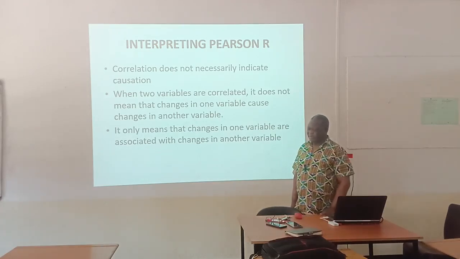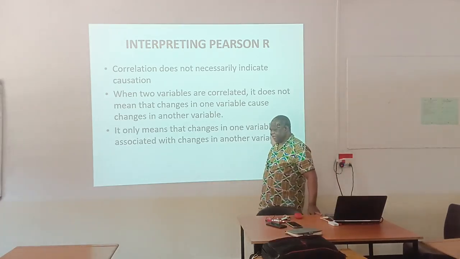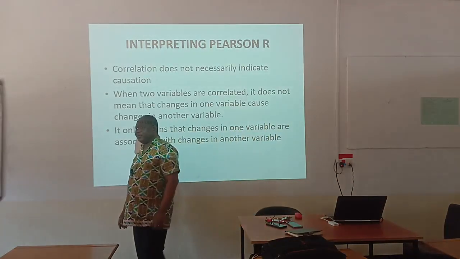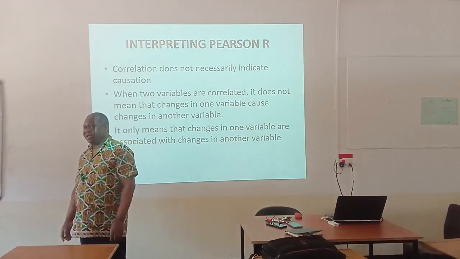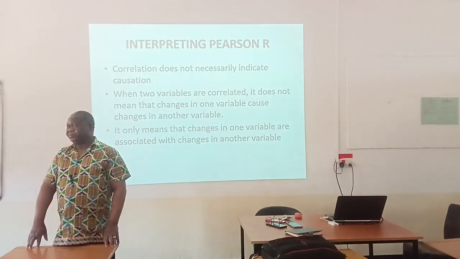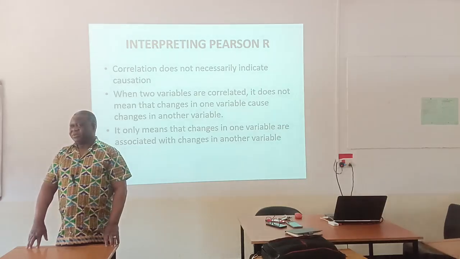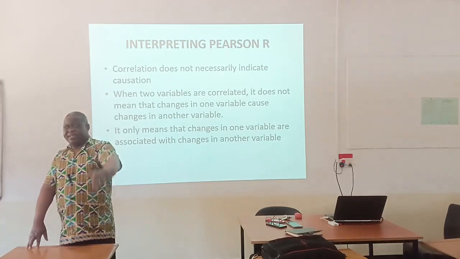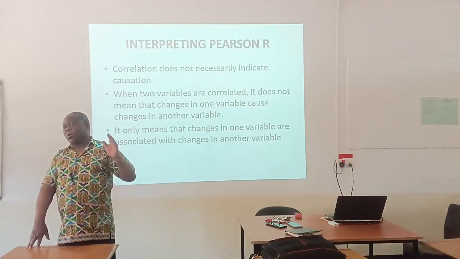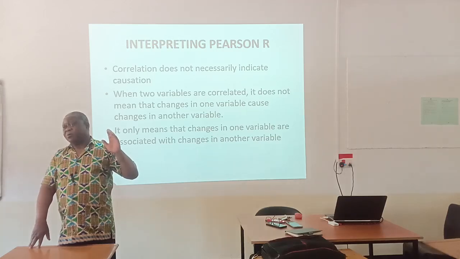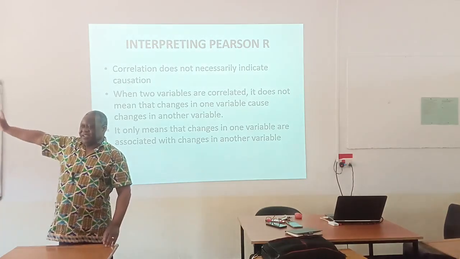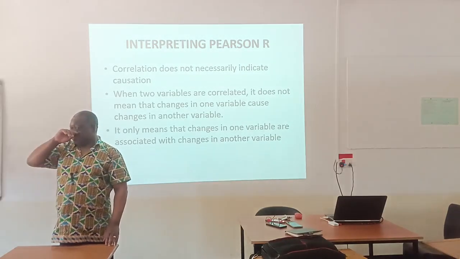Let's assume that you were conducting a study where you want to test the impact of IGAs on household income. So you'll be looking at the types of IGAs or the amount of money generated from IGAs and the wealth status of these households.